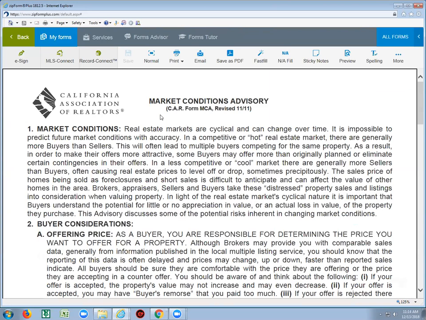Brokers, appraisers, sellers, and buyers take distressed property sales and listings into consideration when valuing property. In light of the real estate market's cyclical nature, it is important that buyers understand the potential for little or no appreciation in value, or actual loss in value, of the property they purchase. This advisory discusses some of the potential risks inherent in changing market conditions.